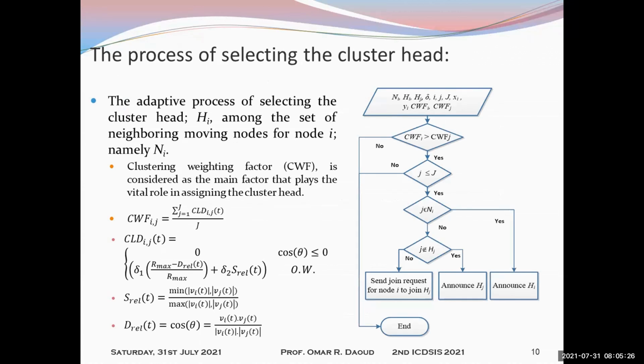We choose the cluster head for each cluster by making use of a clustering weighting factor that is shown through those equations, based on the maximum communication range, the relative speed, relative distance, and so on.